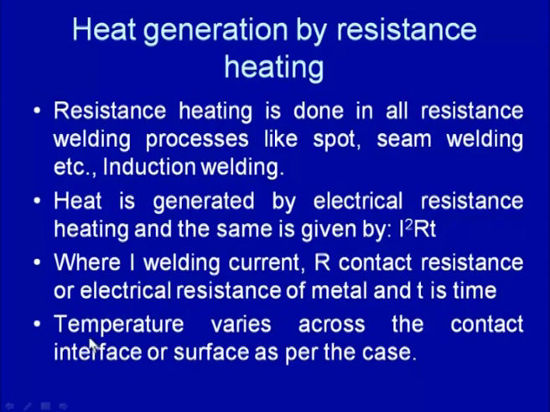Accordingly the temperature varies across the contact interface, and it is found maximum at the interface, and then it keeps on decreasing in the base metal, and then again the temperature is found slightly higher at the contact interface between the electrode and the workpiece surface on both sides.